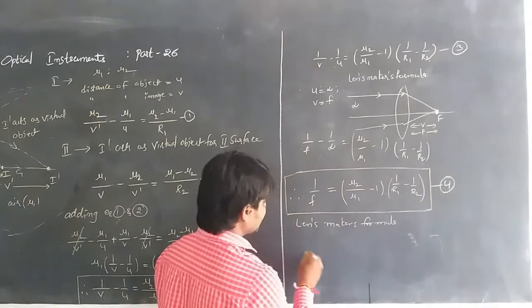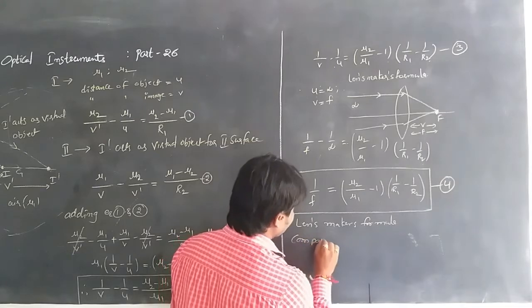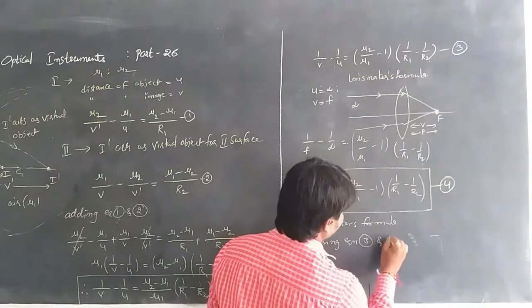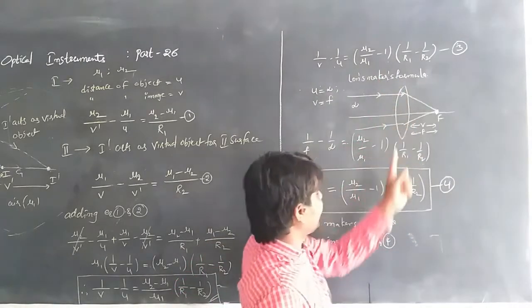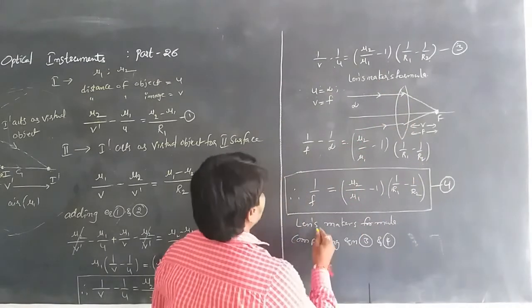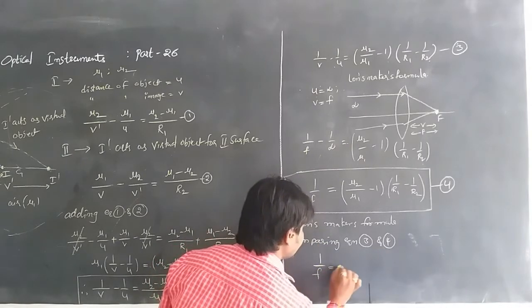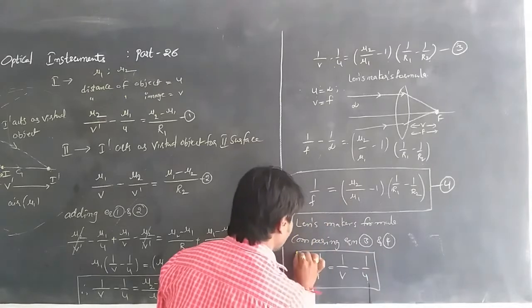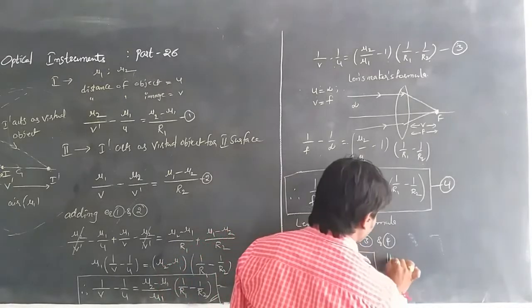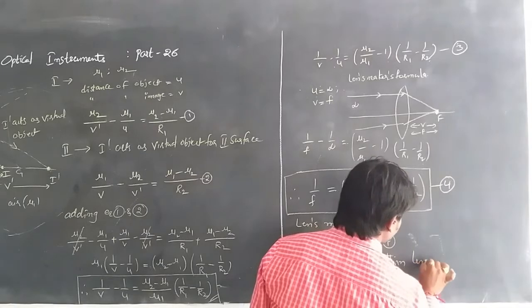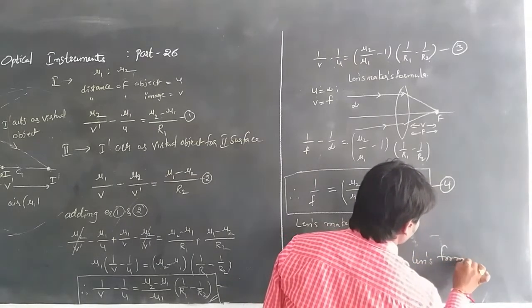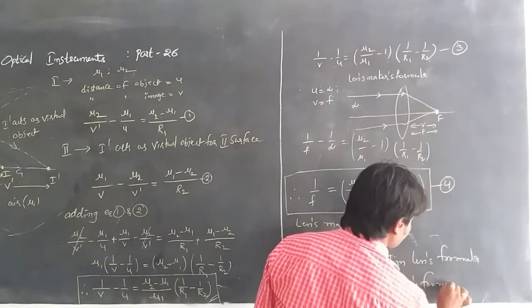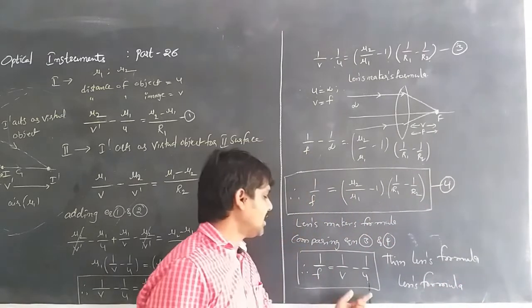Comparing equations 3 and 4, we get 1 by f is equal to 1 by v minus 1 by u. This is called the thin lens formula, or the lens formula.